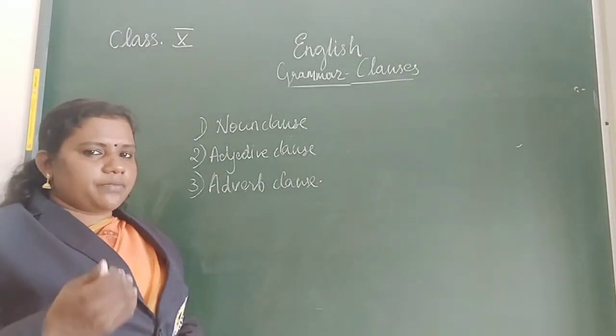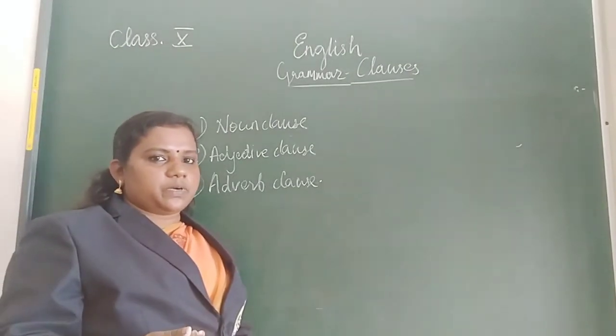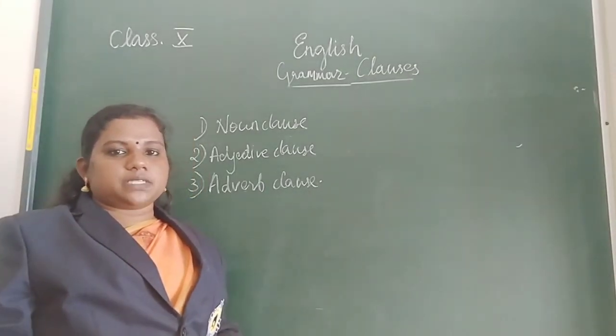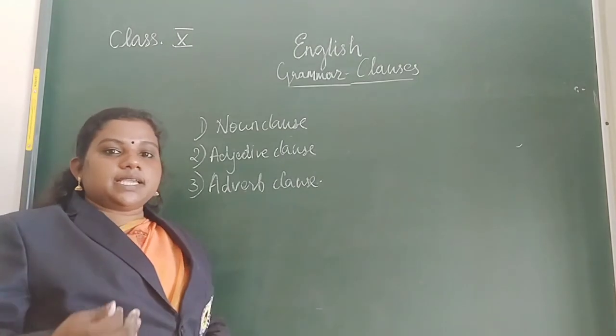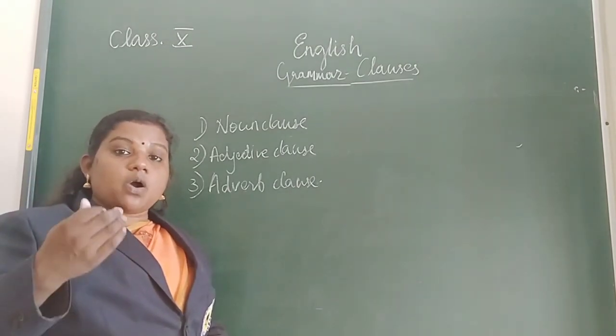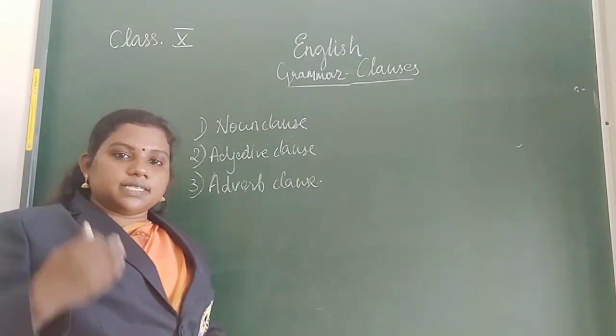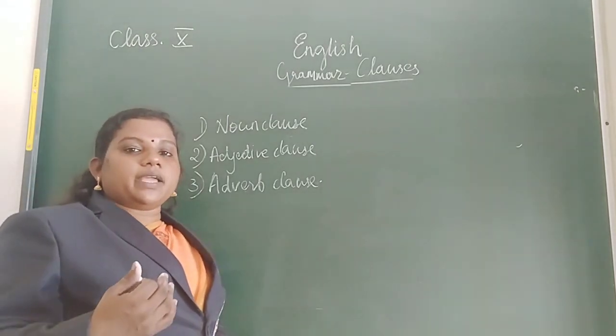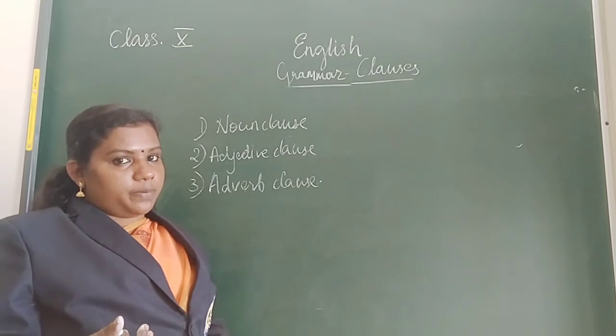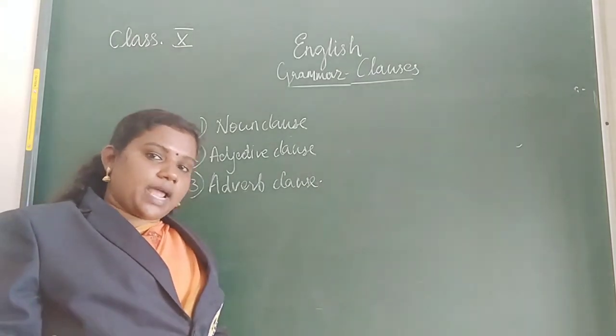Okay, so once again we can revise. What is a noun? Noun is the name of a person or place or thing. Adjective means it is qualifying or modifying a noun or pronoun. Adverb means it is qualifying or modifying the verb or adjective or adverb.